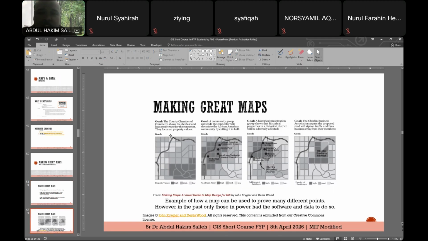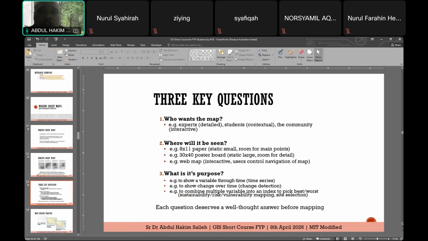Okay, there is an example here, quite a deep example. I'm not going to touch it. So the three questions: who wants the map?